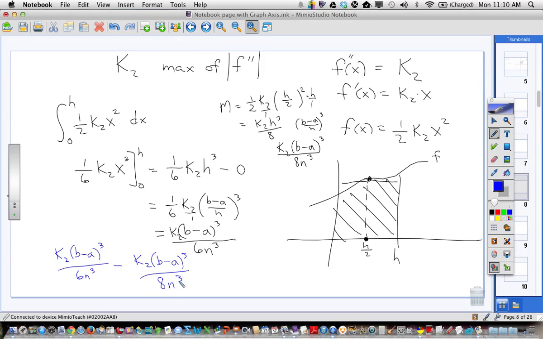That's going to be pretty easy to subtract, really, because I just need a common denominator. So what does 6 and 8 both go into? Littler than that. 24. So couldn't I take this one times 4, top and bottom? Take this one times 3, top and bottom?